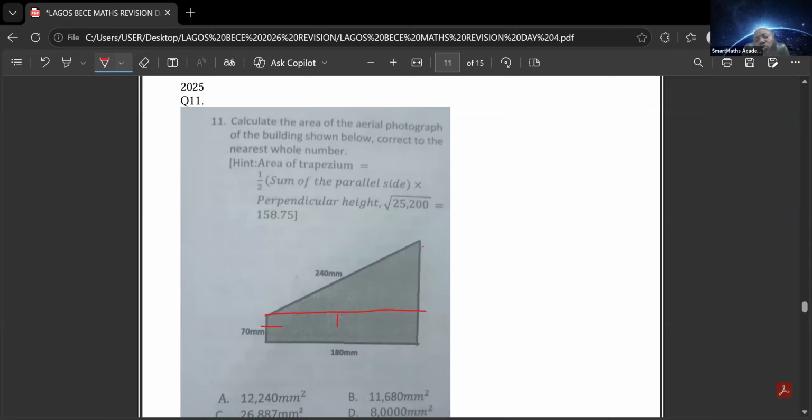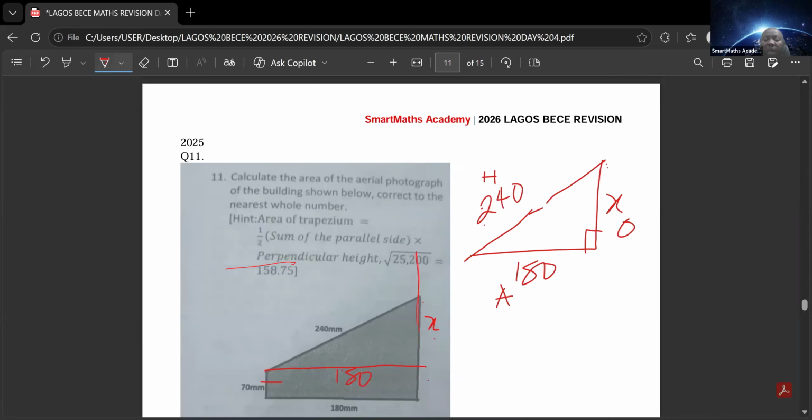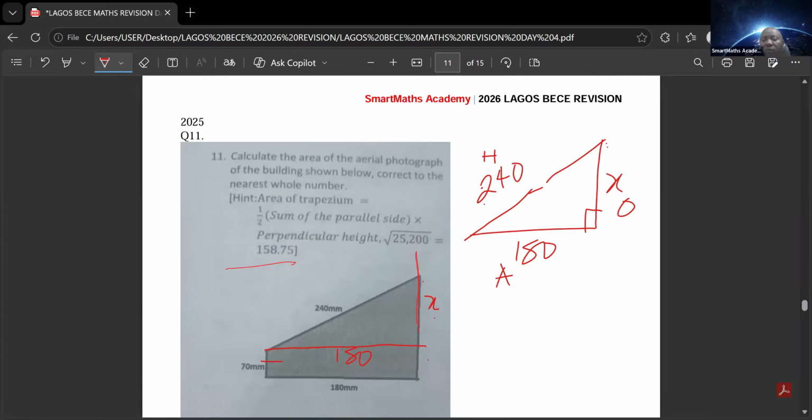So we are making use of, thank God I've taught you, Pythagoras theorem. This is a right angle triangle. When we get x, we add it to 70 to give us the whole of this line. This is the hypotenuse, this is opposite, and this is adjacent. Hypotenuse squared equals opposite squared plus adjacent squared.